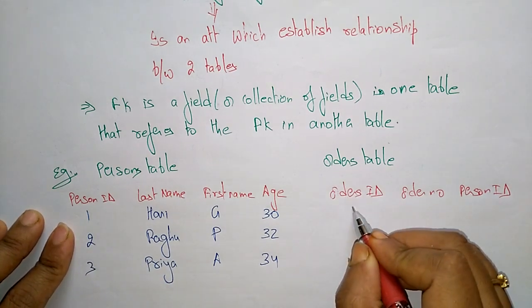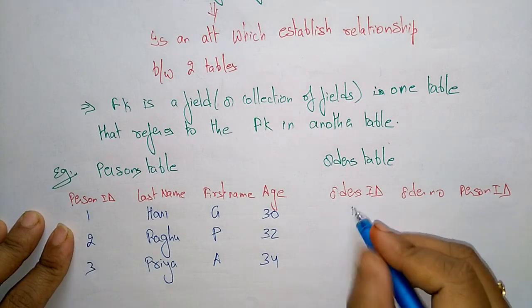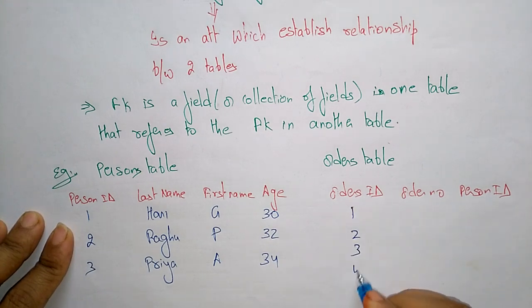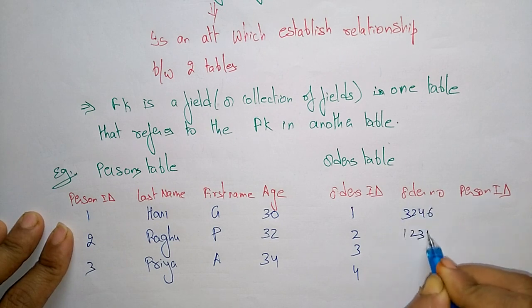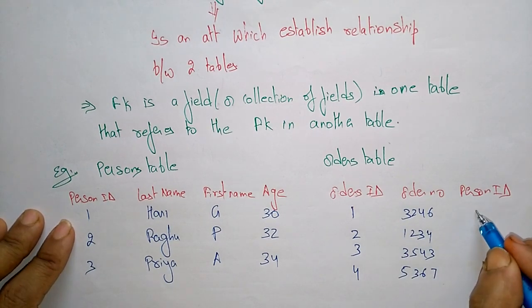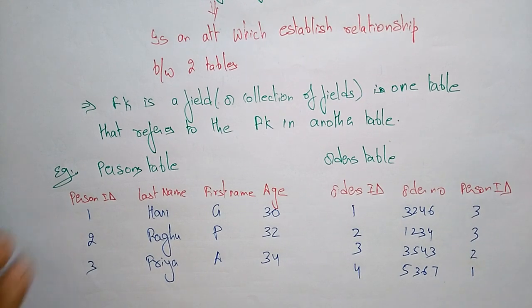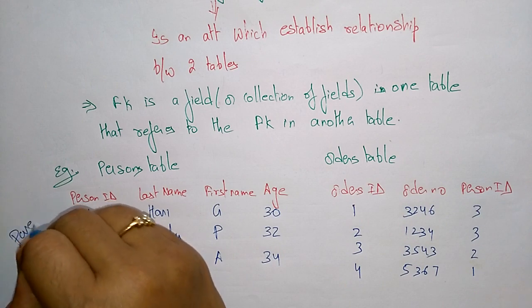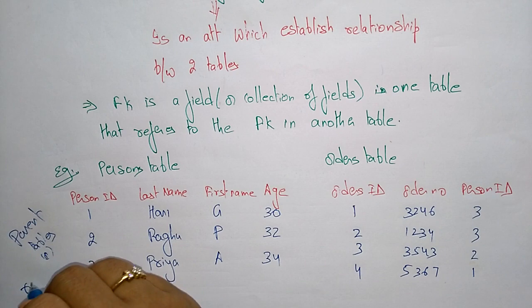So order ID I'm taking as 1, 2, 3, 4, so four orders are there. The order numbers can be any values. And coming to the person ID, 3, 3, 2, 1. So now I am calling this the parent table, or you can call it a reference table.